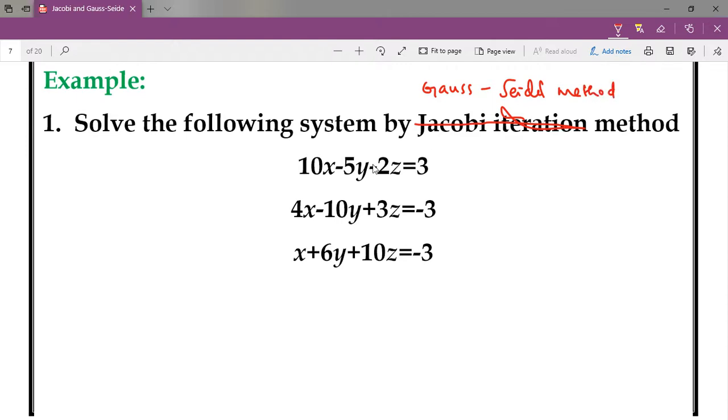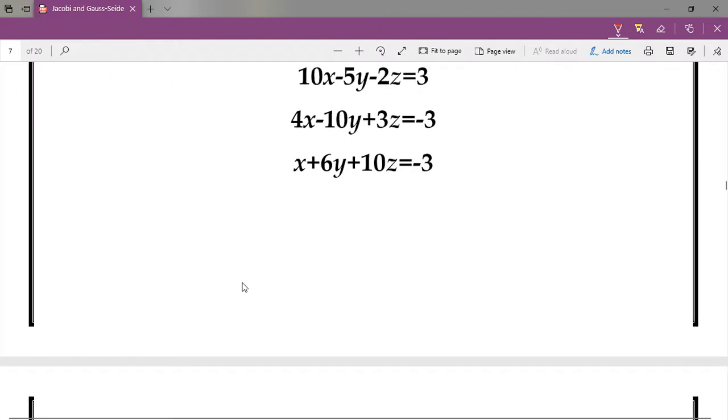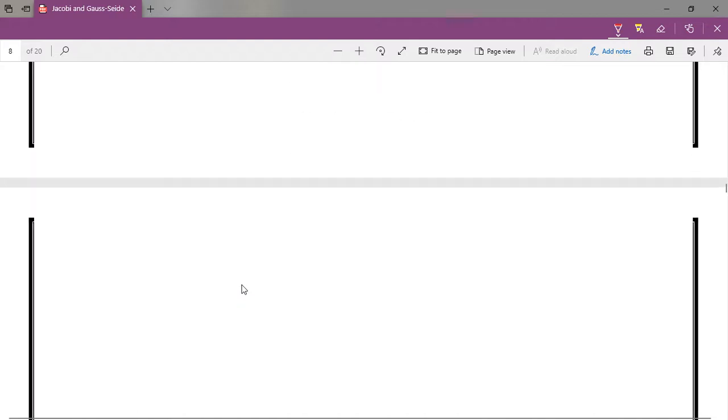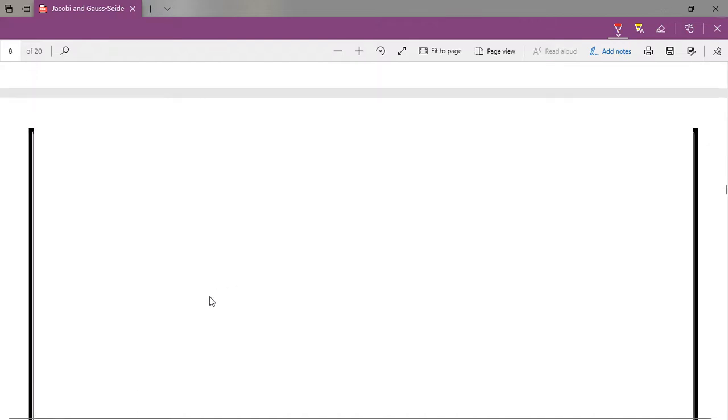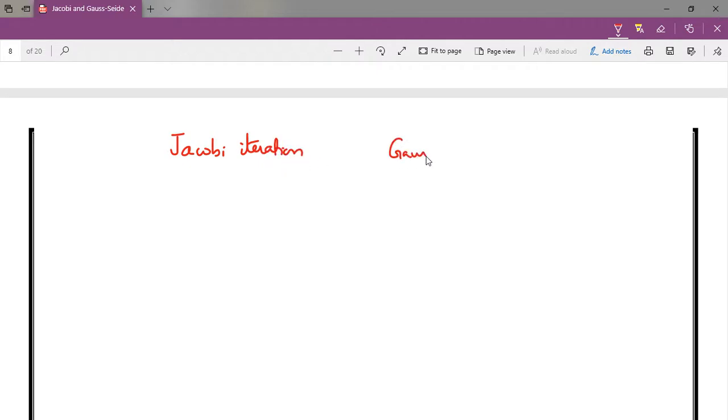So instead of Jacobi iteration, we are going to solve this by Gauss-Seidel method. Before that, I would like to mention a few significant differences between Gauss-Seidel and Jacobi iteration. So in Jacobi iteration, okay, and this is Gauss-Seidel.